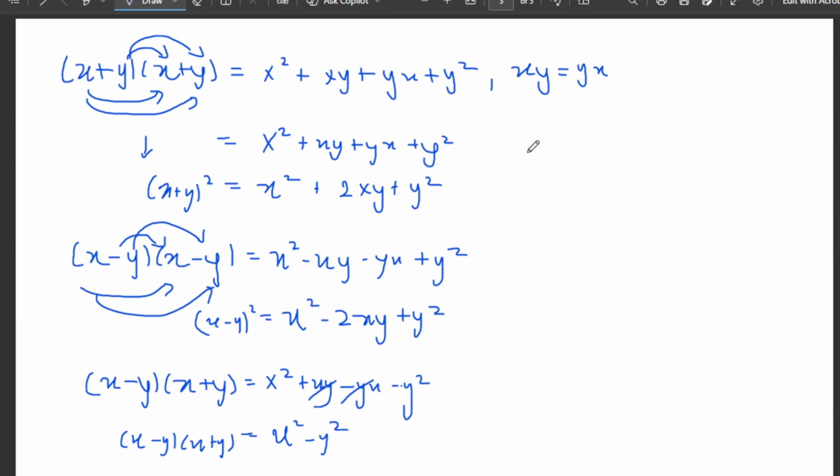Okay, well, we can actually use a plus b. So instead of using the FOIL, we can do this: x times a plus b plus y times a plus b, and you distribute them.